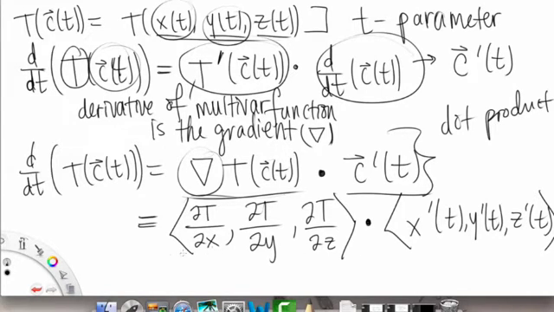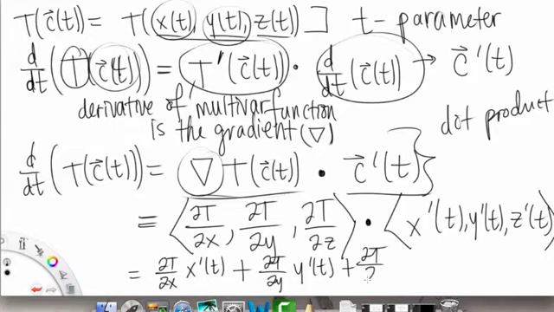And then if we were to do the dot product, what we would get is the partial of T with respect to x times x prime of t, plus partial of T with respect to y times y prime of t, plus the partial of T with respect to z times z prime of t. And another way to write that, I'll continue on the next slide.